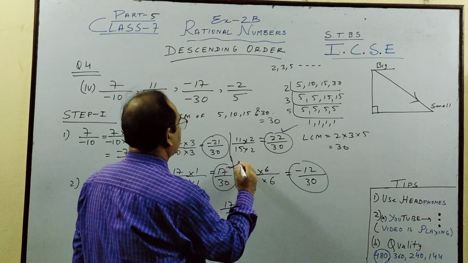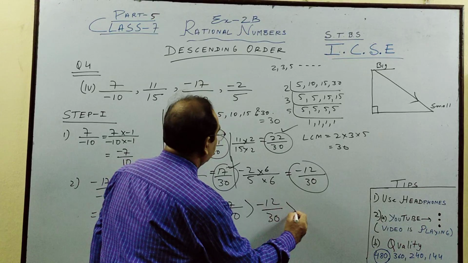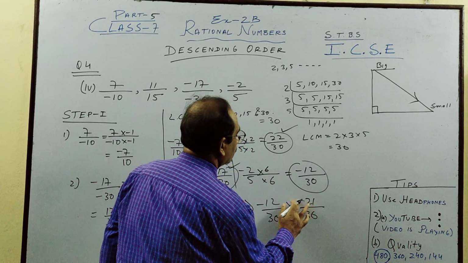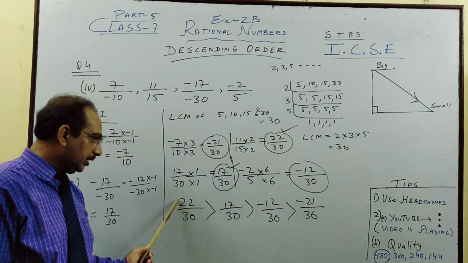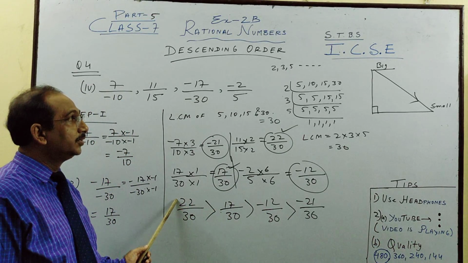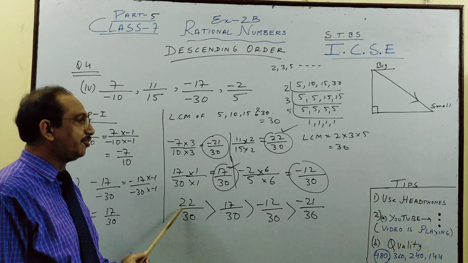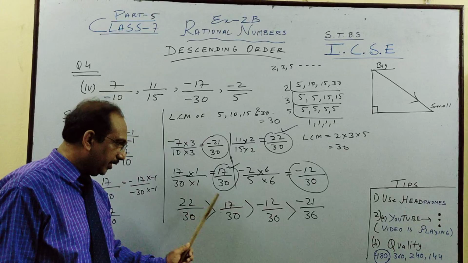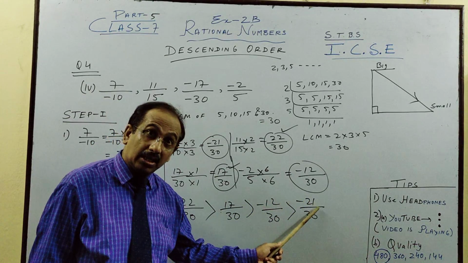After 22, 17, then minus 12, then minus 21. Once more, same denominator, from big to small, the larger the numerator, the larger is the fraction. This is the largest fraction. Then don't see 30. 22, 17, minus 12, minus 21. Minus 12 is bigger than minus 21.